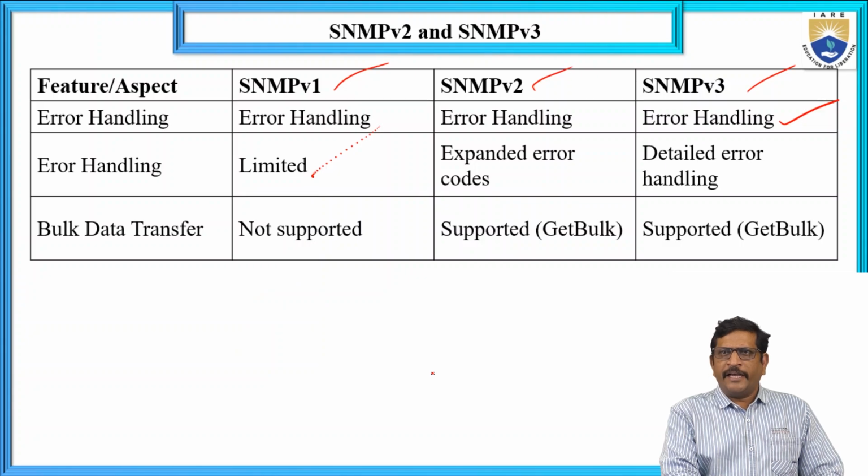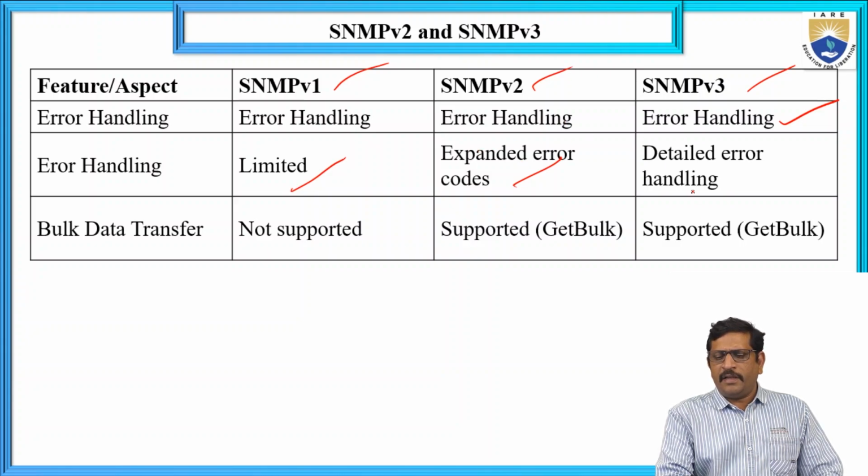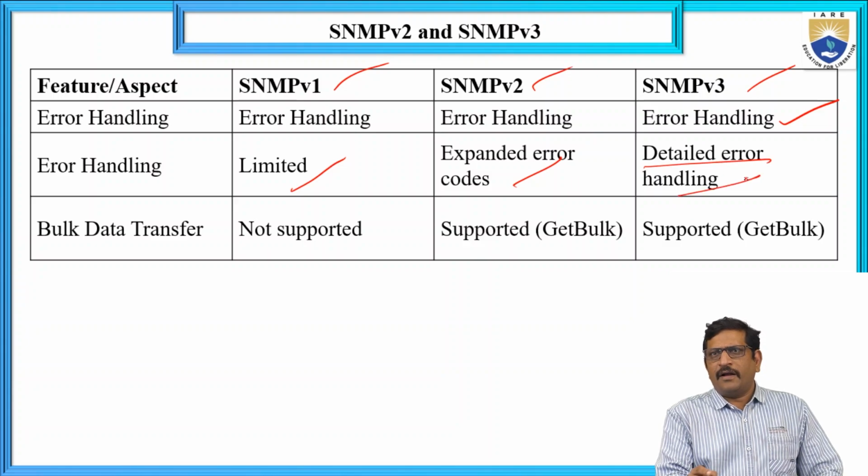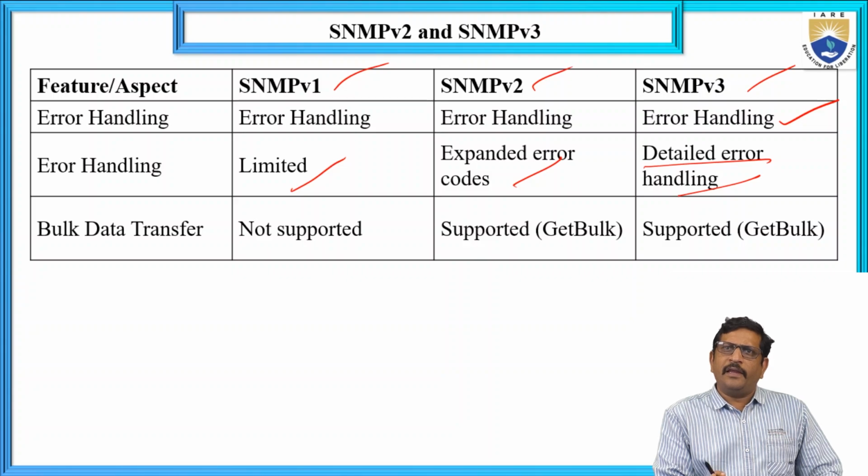In SNMPv2, the error codes are expanded, so more errors can be handled compared to SNMPv1. In SNMPv3, even more errors can be handled compared to v1 and v2. And detailed explanations can be given by the SNMPv3 protocol. Detailed error handling can be done, and the explanation is provided very effectively.